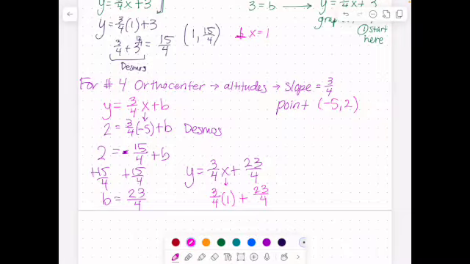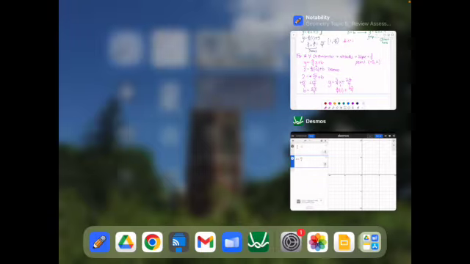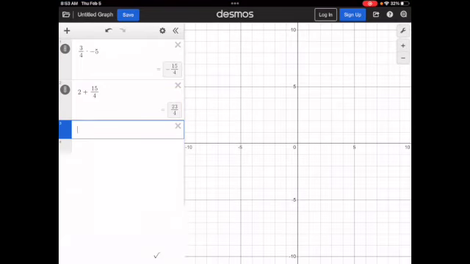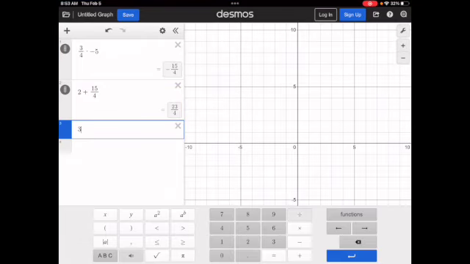Yep. So coming in here, we can do 3/4 times by 1 if you want to. And then plus 23/4. And we get 6.5 or 13/2.